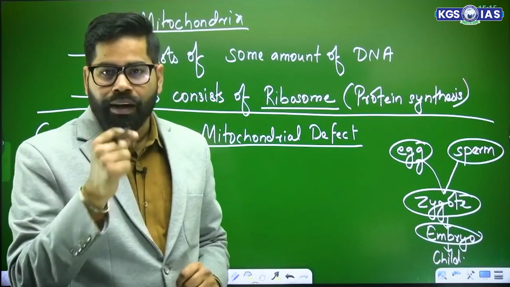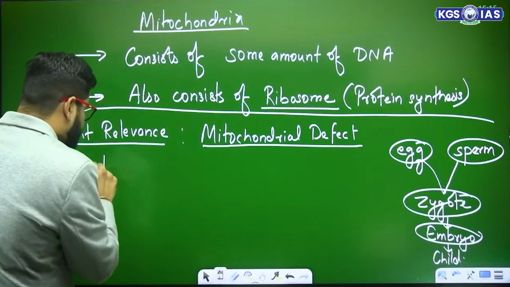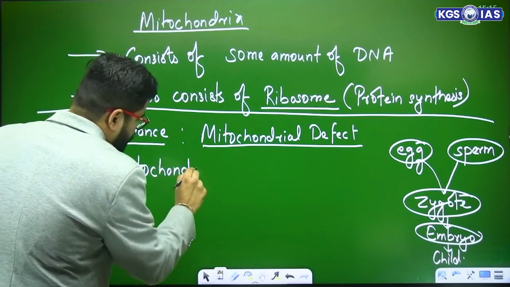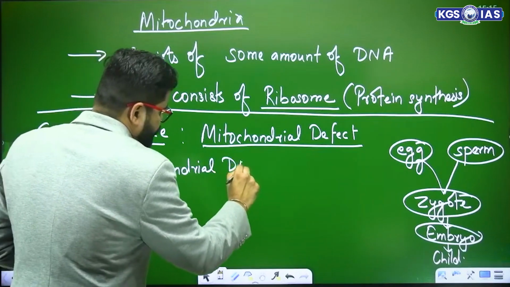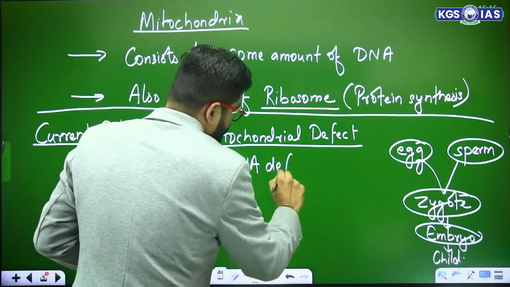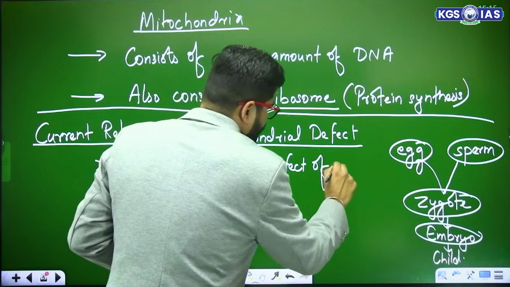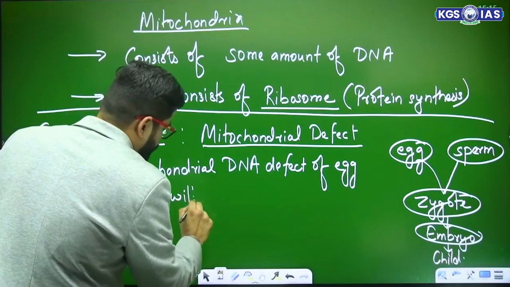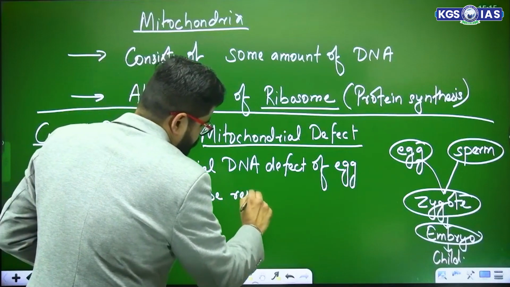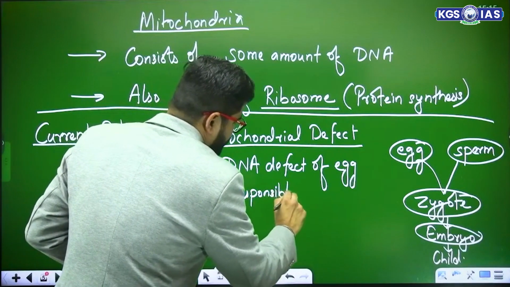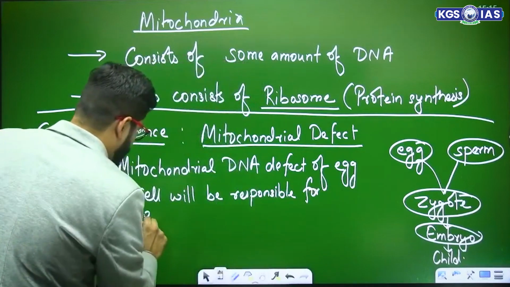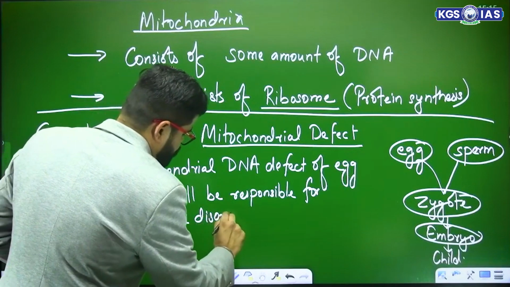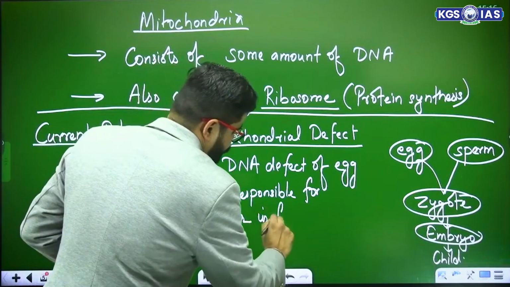But just to give you a relevance of this: mitochondrial DNA defect of egg cell will be responsible for genetic disorder in future generation.